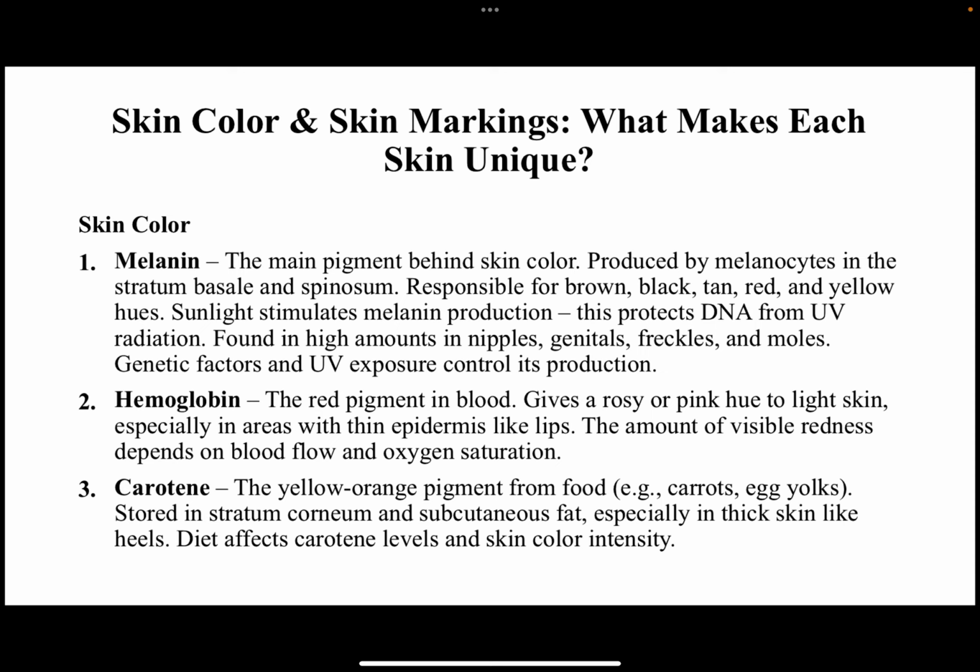Then we have carotene. Carotene is a precursor for vitamin A. You get carotene when you take in vegetables like carrots and they accumulate in the skin. They sort of give your skin a yellow-orange appearance. Okay, carotene. We also have hemoglobin. Hemoglobin is also a pigment in the skin. Okay, good. Mostly hemoglobin is found in red blood cells and is very visible in people who are light skinned.